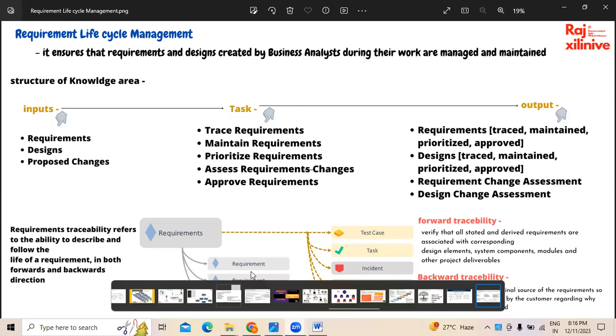Now, in today's session, we are going to discuss how to maintain requirements, which is part of requirements communication. If you want to communicate requirements with people, it is important to do so at regular intervals.